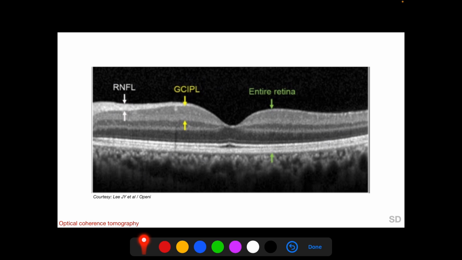And GCIPL thickness measures the thickness from the outer margin of the RNFL layer to the outer margin of the inner plexiform layer. So it measures the thickness of the ganglion cell layer GC and the inner plexiform layer. So it includes these two layers, and we see that it is thickest nearest to the fovea, although not in the fovea itself. So this is a very important concept to remember.